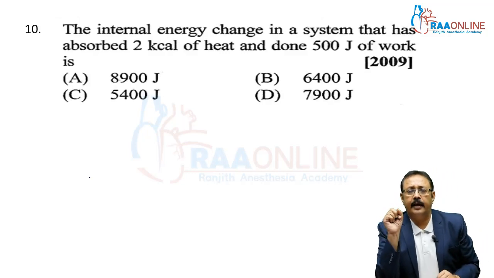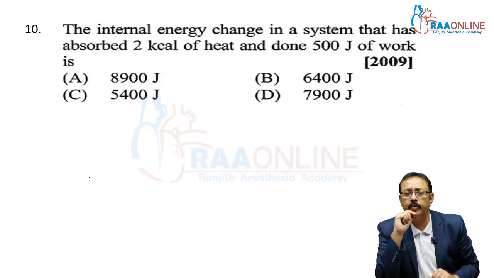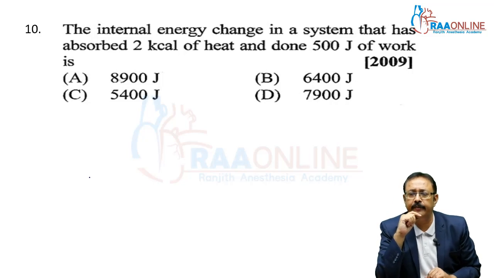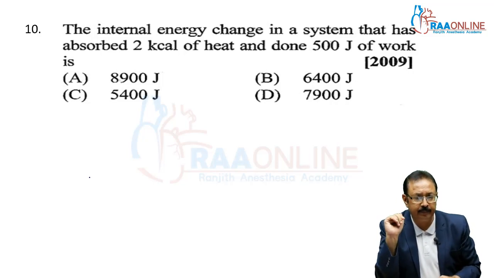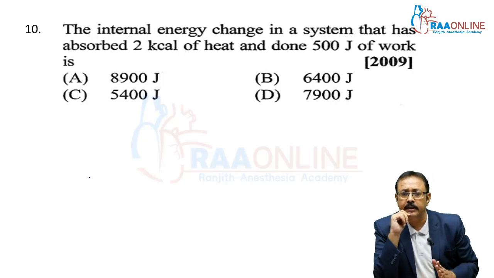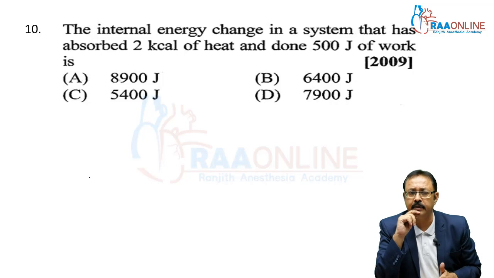The internal energy change in a system that has absorbed 2 kilocalories of heat and done 500 joule of work is, it is a problem from 2009 AIPMT. What they are saying, change in internal energy we want to calculate.